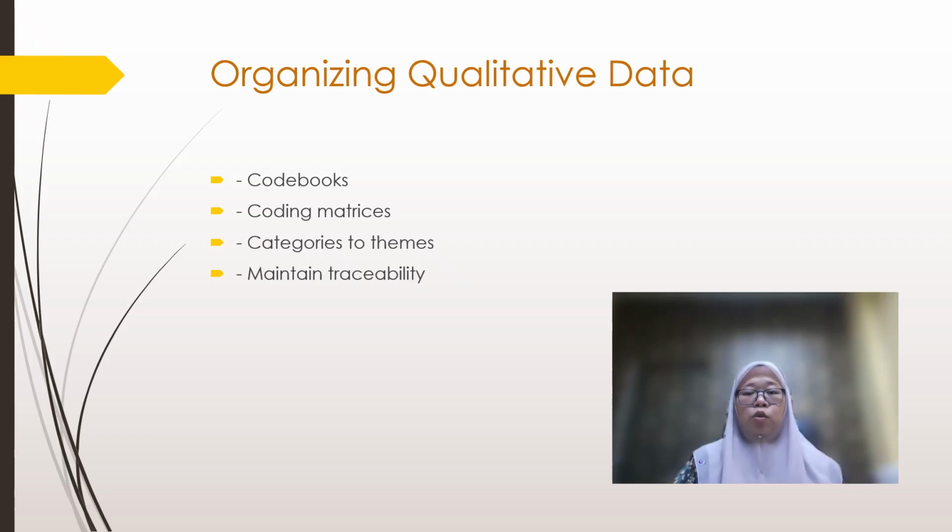As themes begin to form, organize your categories in a structured way to ensure they are logically related to the research question. Most importantly, maintain traceability. Your final themes should link back to specific participants' codes, to ensure transparency of the data.